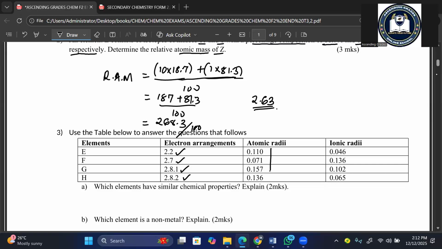Then you can still look at their atomic radii and the ionic radius. Then from just the look of the table, you are asked which elements have similar chemical properties, and you are told to explain.